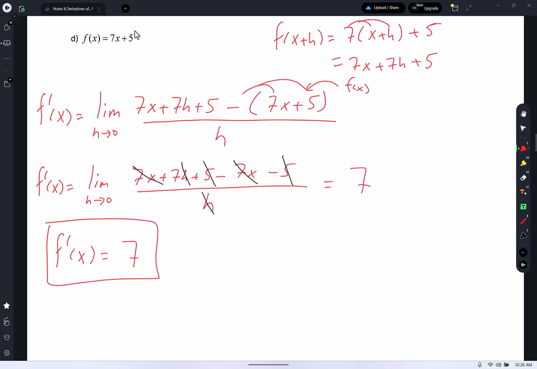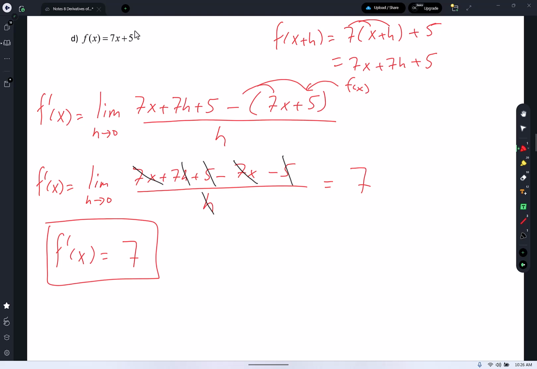Are you surprised that we got 7 from 7x plus 5? No. Why not surprised? Guys, focus. This is a big deal here. The instantaneous rate of change of a linear line is always that slope. That 7 there, that 7x plus 5, it's always 7, no matter what. The instantaneous rate of change is always 7.